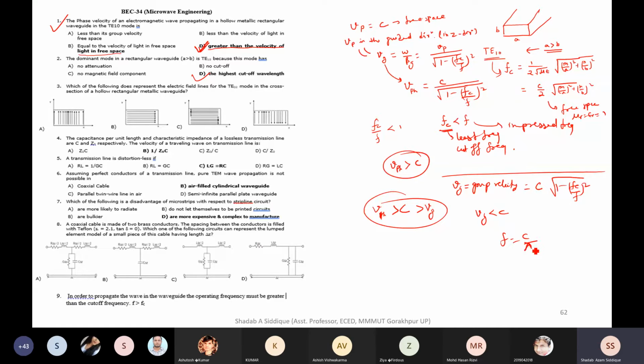Frequency is inversely proportional to wavelength, so if the frequency is least, the wavelength should be highest. So that is the answer.